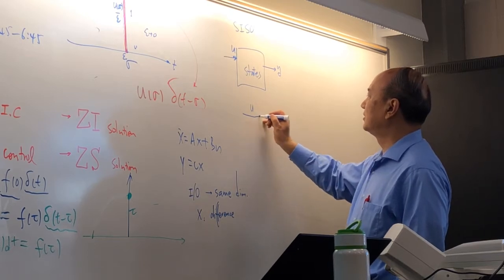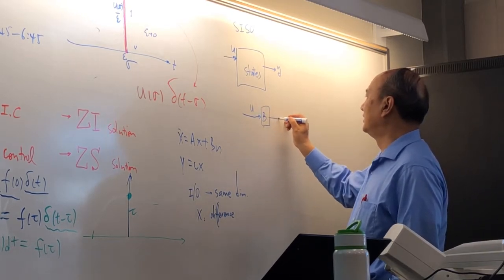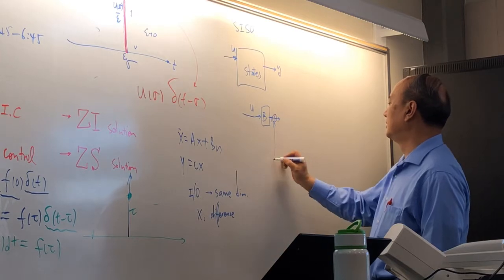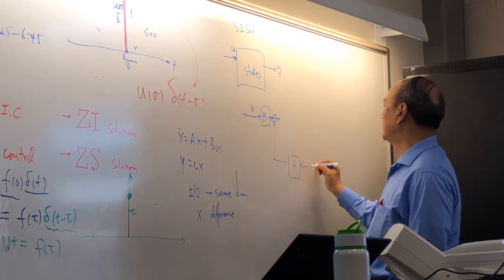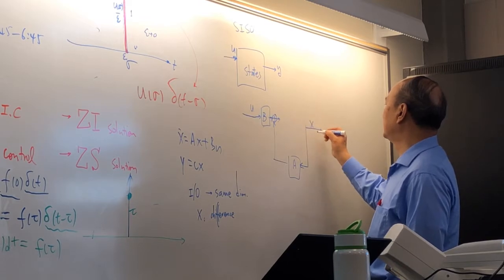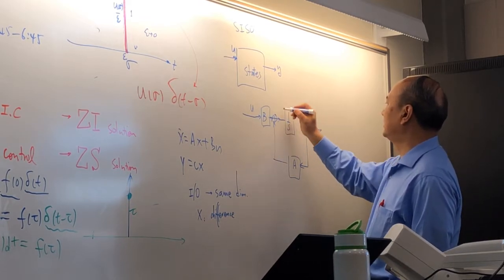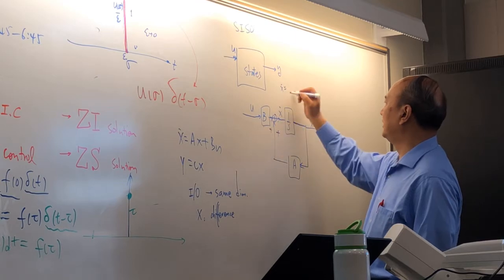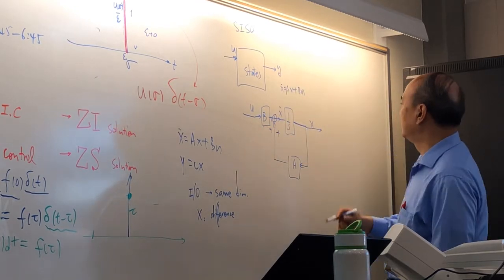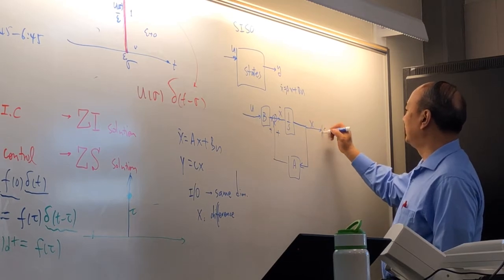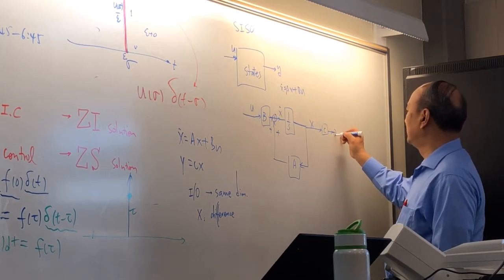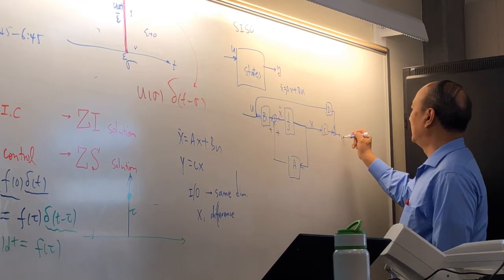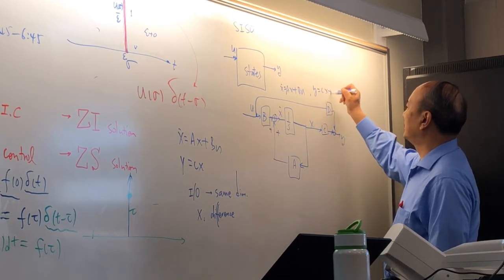So X dot is AX plus BU, and Y is CX plus DU.